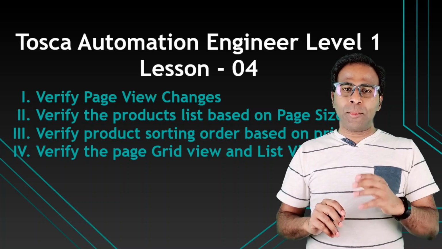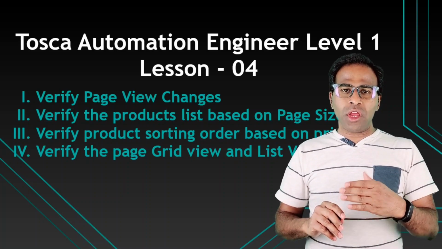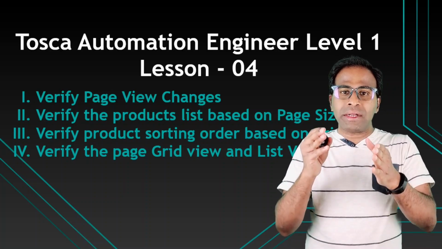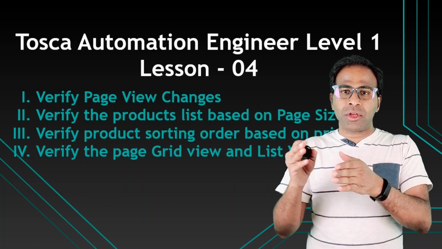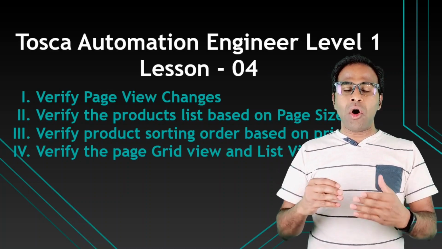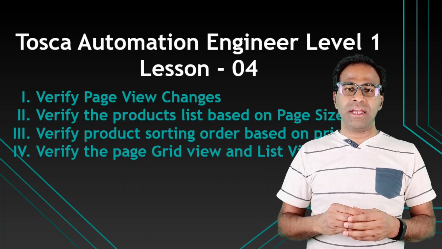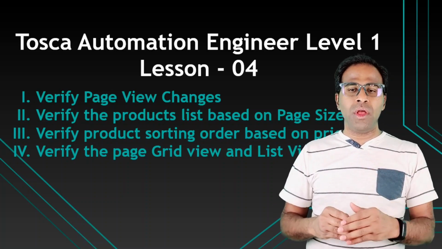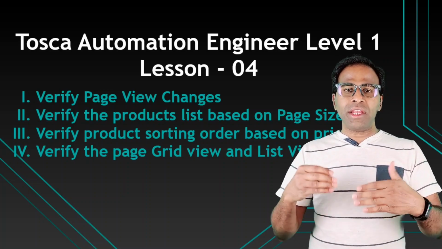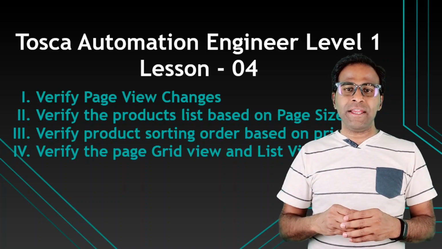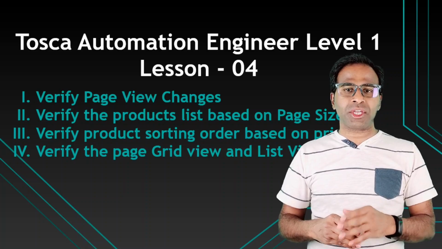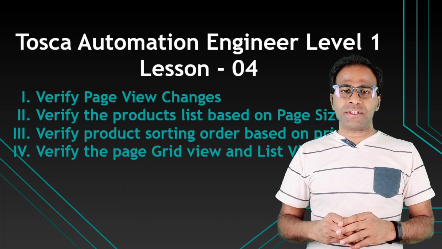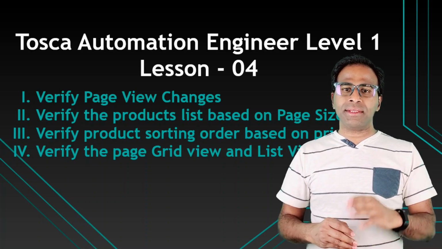I'll also show how we can automate the verification of the product sorting order based on the price, and how to automate functionality related to different views of the pages, like grid view and list view, by using the Tosca automation tool. So without delay, let's jump onto the system and start automating these scenarios.